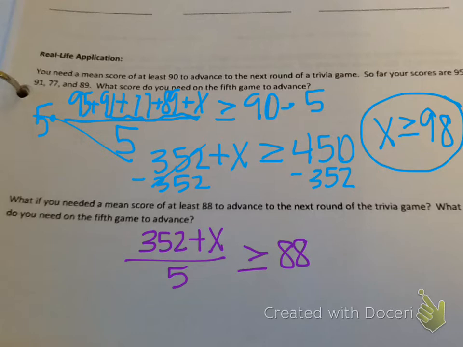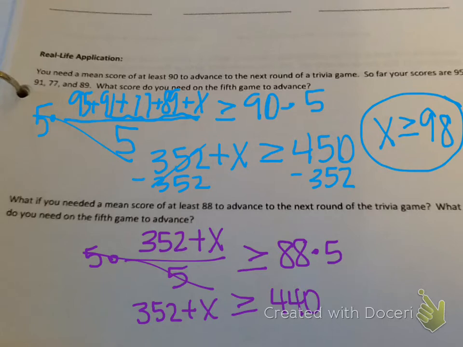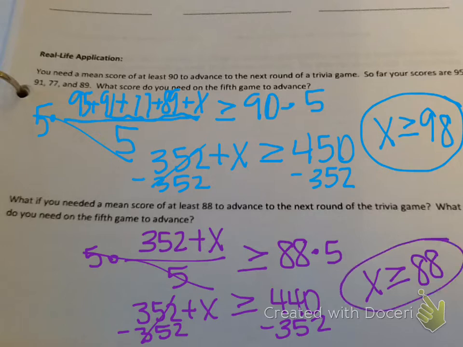So I would multiply by 5. I get 352 plus x is greater than or equal to 440. Subtract 352. X is greater than or equal to 88, which is more likely to get them to advance.